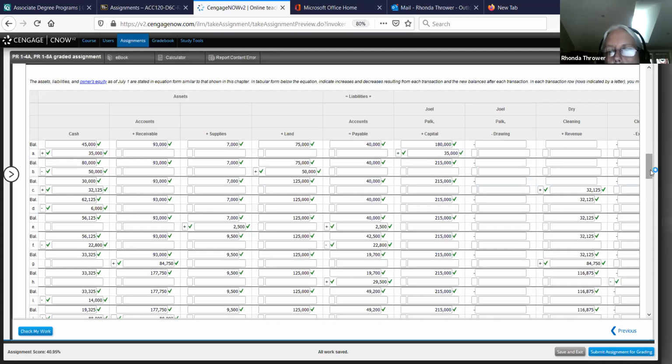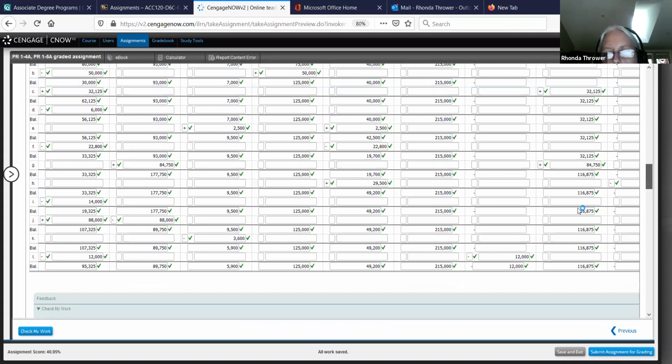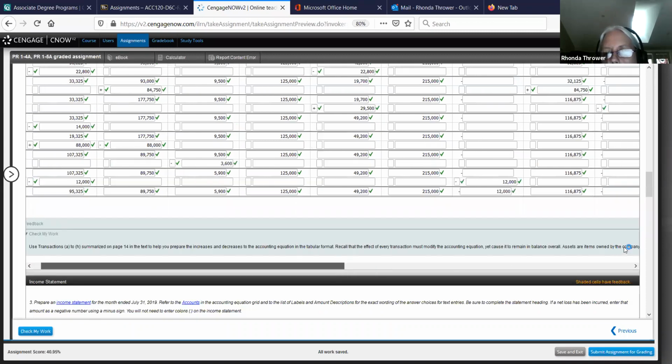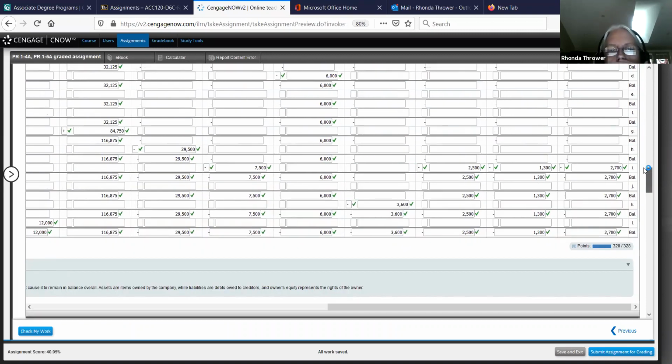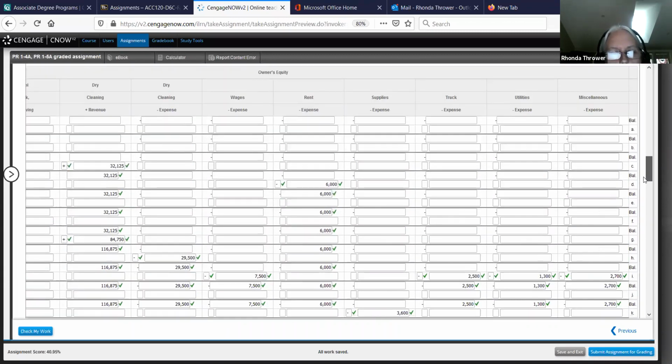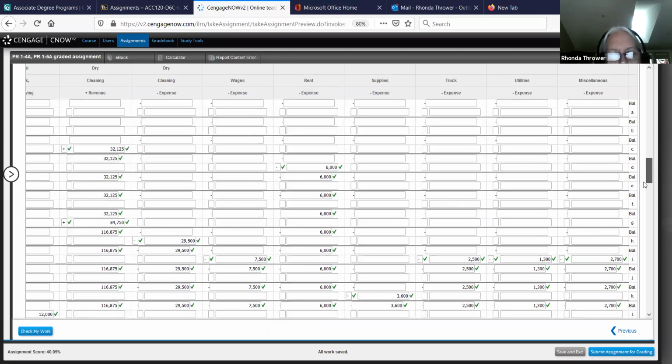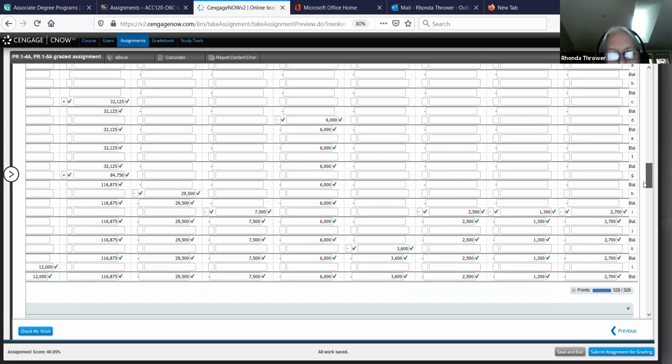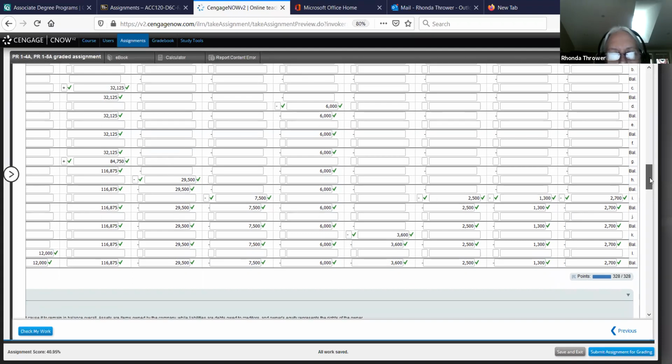We're going to start with our expenses. So I don't see any expenses here. So what I'm going to do is scroll over to where I can see all my expenses, or at least most of them. And the first expense that they have listed is dry cleaning expense, and it was $29,500. Usually our expenses are in order.